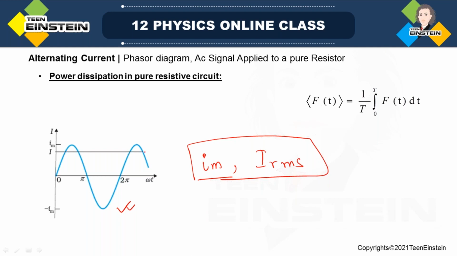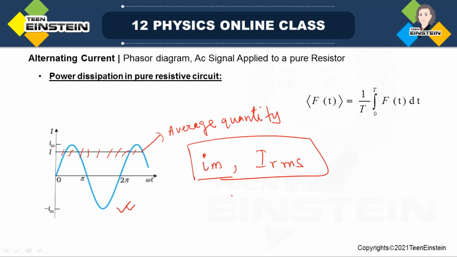You can see this RMS value is an average quantity, a DC equivalent current, and it is not varying with time. This is the one written as capital I. So this is the DC equivalent or effective current which can produce power dissipation in the purely resistive circuit same as DC.